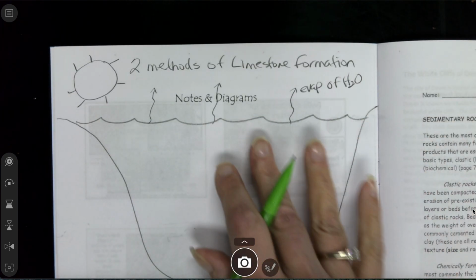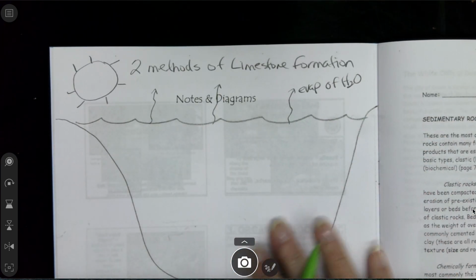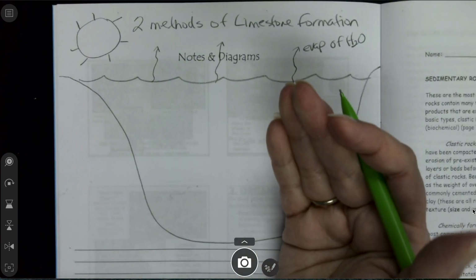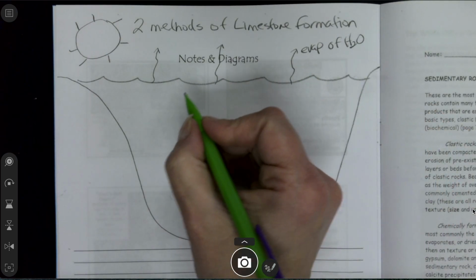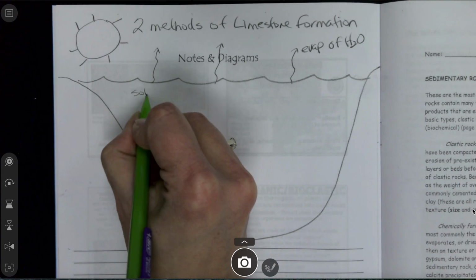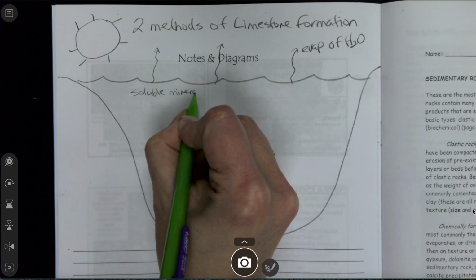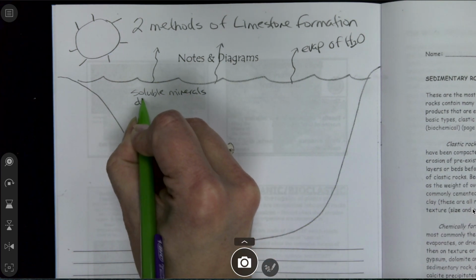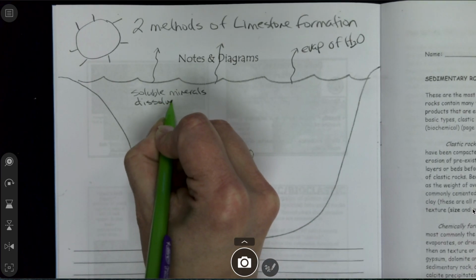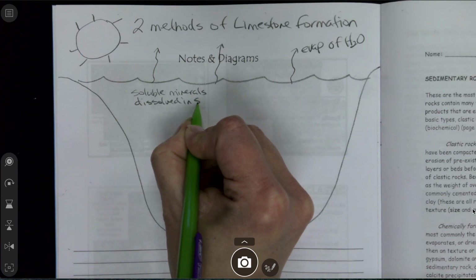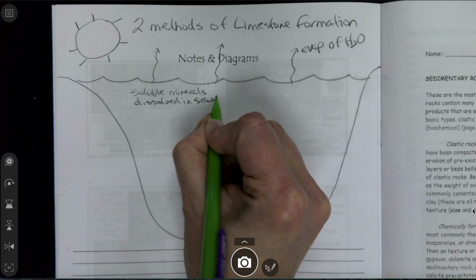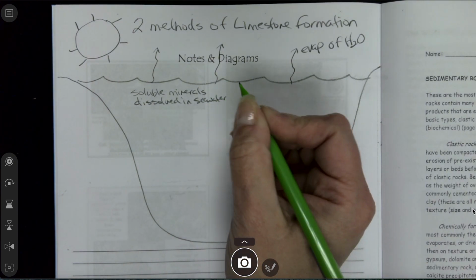So dissolved in this seawater are minerals that are soluble. So we have soluble minerals dissolved in seawater. And what are those soluble minerals?